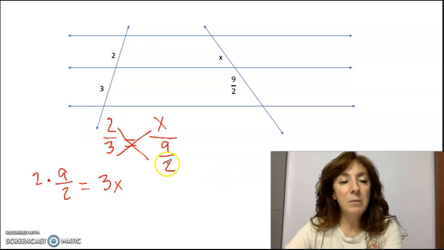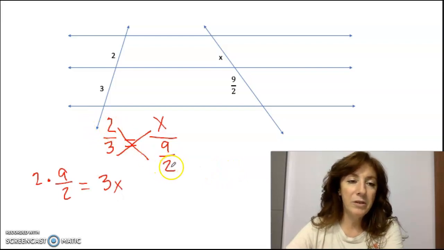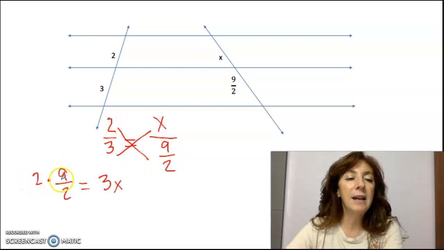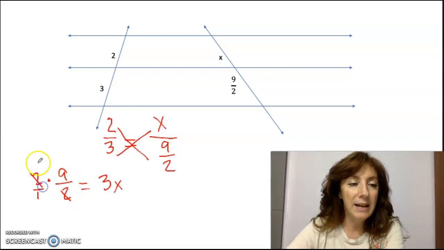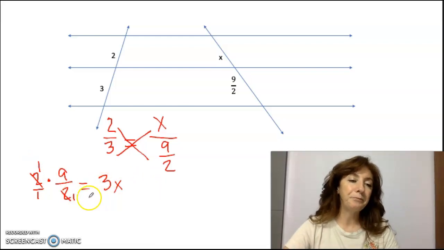When you cross multiply, you can write either number first. I could have written 9/2 times 2. It's the same as 2 times 9/2. Now I'm multiplying 2 times a fraction. If I put that over 1, I can see that I can reduce my 2's before I multiply. 2 goes into 2 one time, 2 goes into 2 one time.